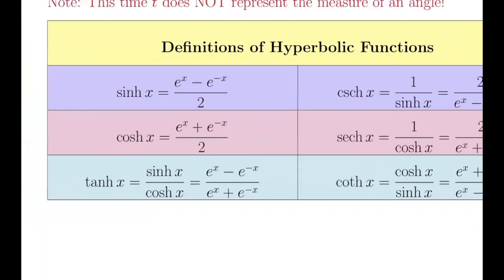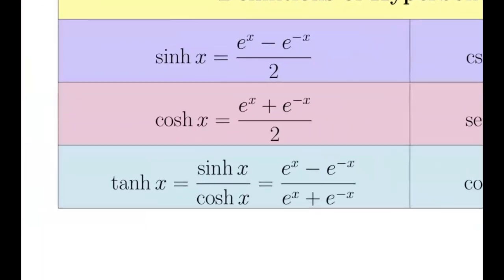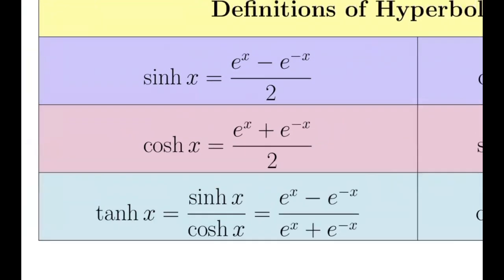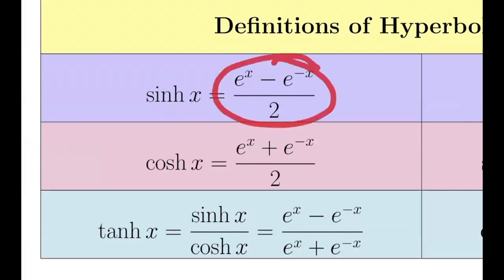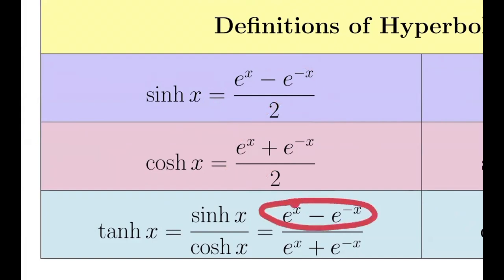And then we have hyperbolic tangent. This is pronounced tanch. It rhymes with ranch. And tanch is just like the trigonometric tangent function because it's sinh over cosh, just like tangent is sine over cosine. You can see that if you do sinh divided by cosh, the 2's are going to cancel, and you're going to get e to the x minus e to the negative x over e to the x plus e to the negative x.